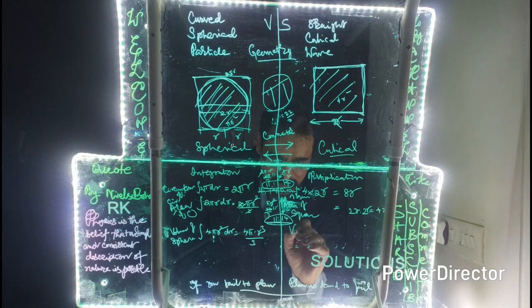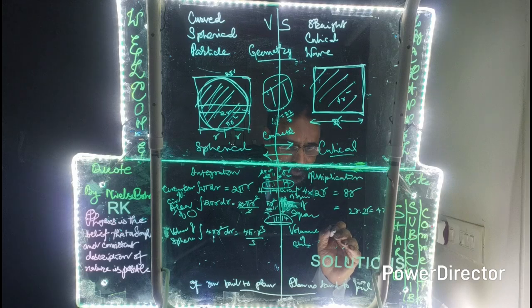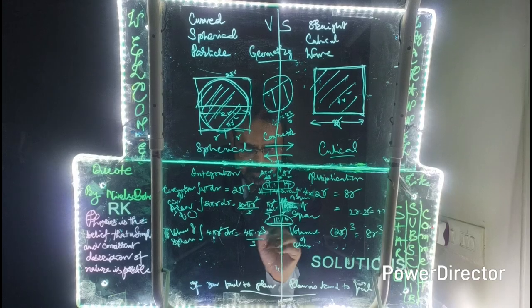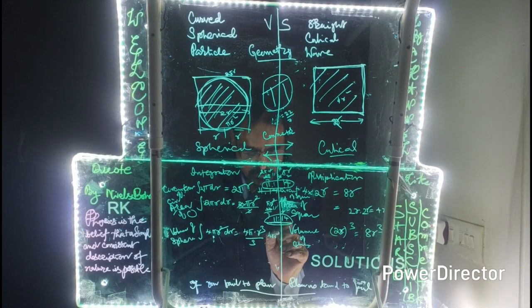Following the same logic, comparing with a similar object, the volume of the cube. What is the volume of a cube? 2r, 2r, 2r, the whole cube, which is 8r cube. If you compare these two, again, what will happen? 4 pi r cube by 3 over 8 r cube, r cube cancels, 2 times 22 by 7, this is 6, 11, 3.